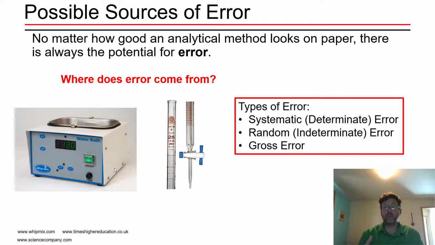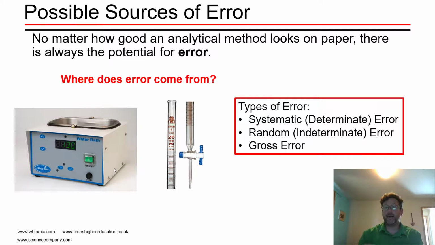Gross error we addressed a little bit in the context intro for this lecture module. Gross error is an instance where an analyst has obviously and dramatically failed to execute a procedure correctly, or it's related to an inexperience with using the tools that you need to complete a specific experiment.